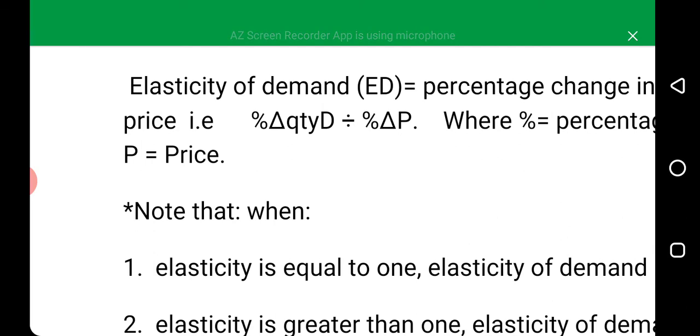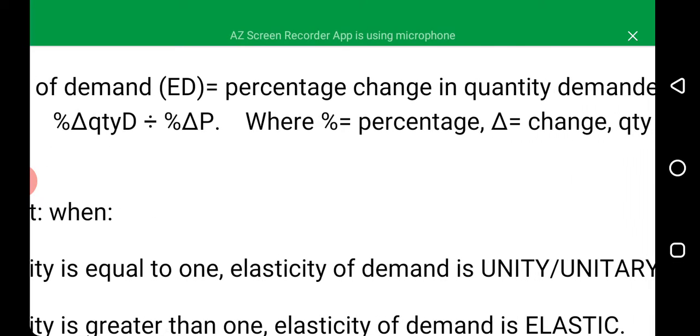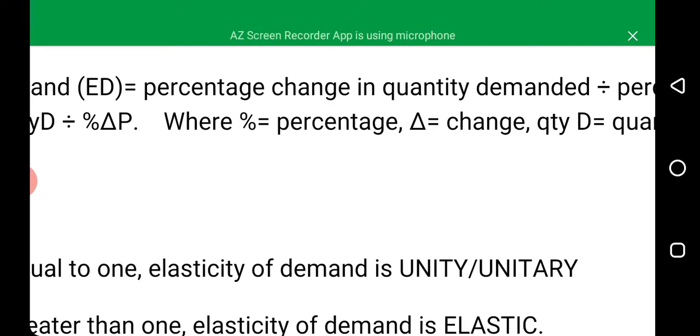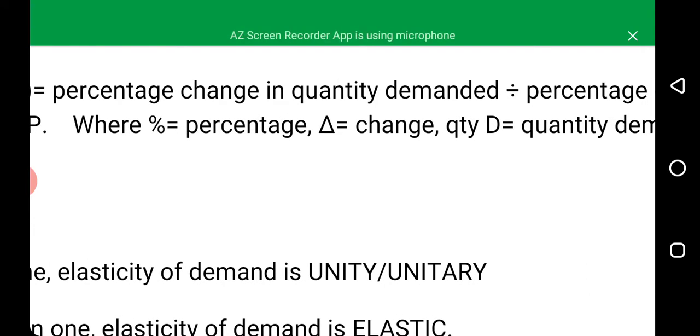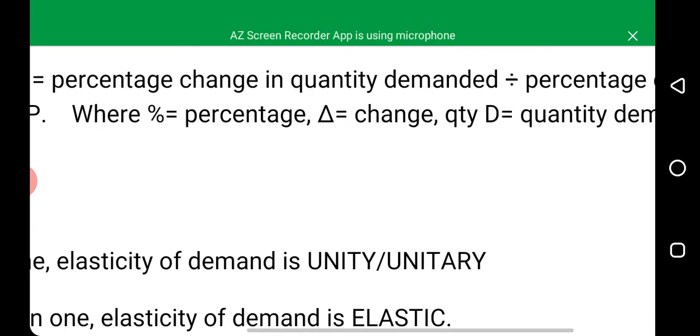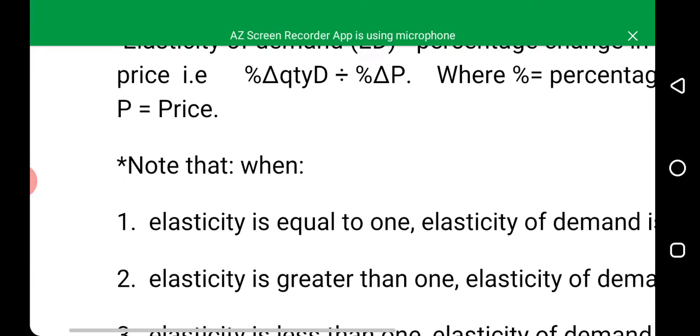That is, the percentage change in quantity demanded divided by the percentage change in price, where the symbol represents percentage change, QTYD represents quantity demanded, and P representing what?